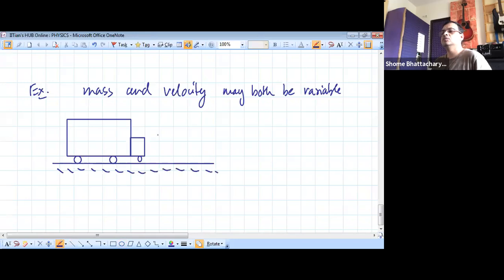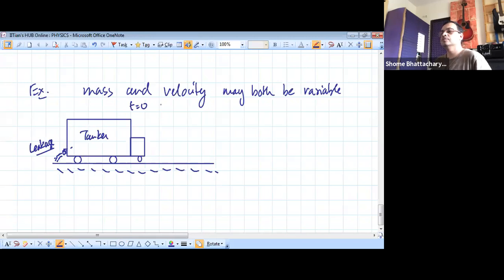Now this is moving along such that water is leaking out. There is a leakage.